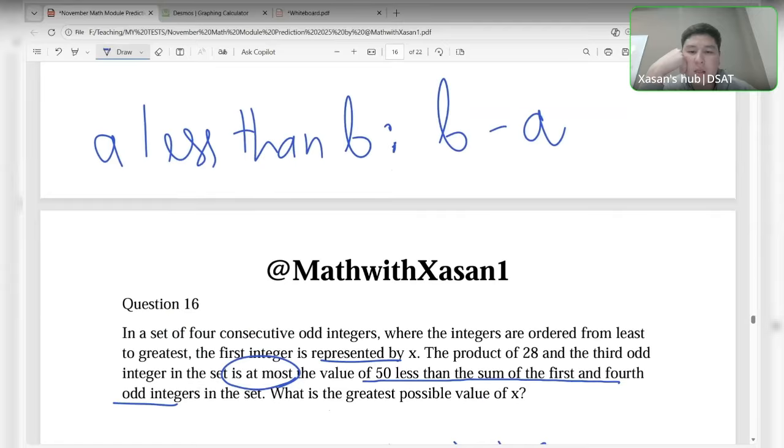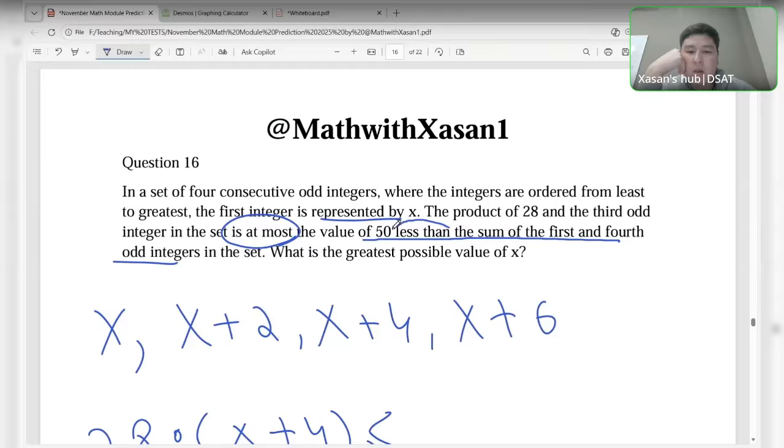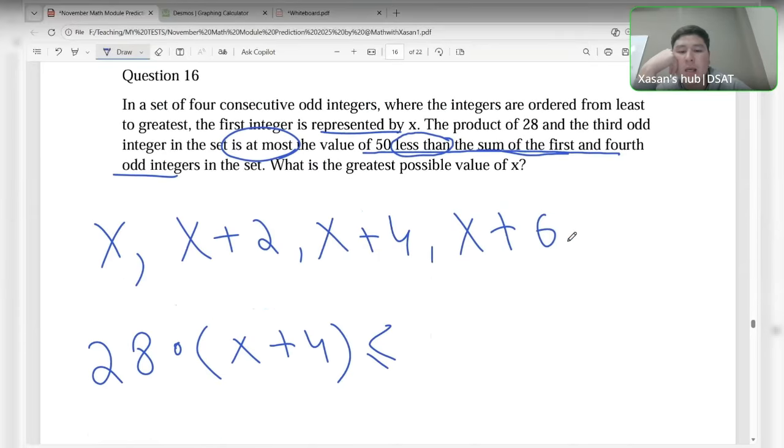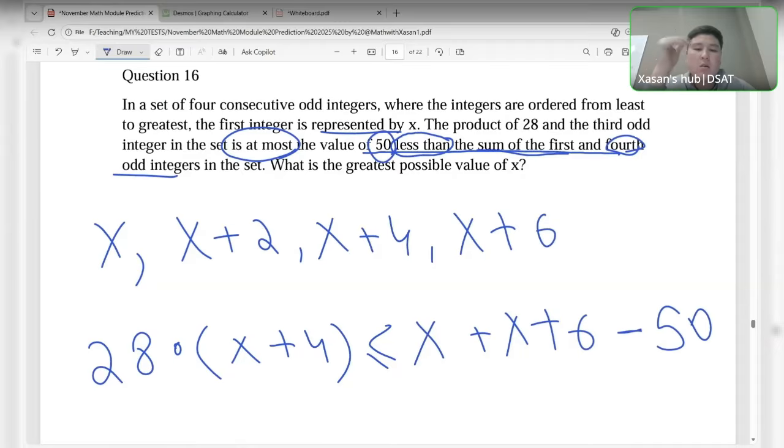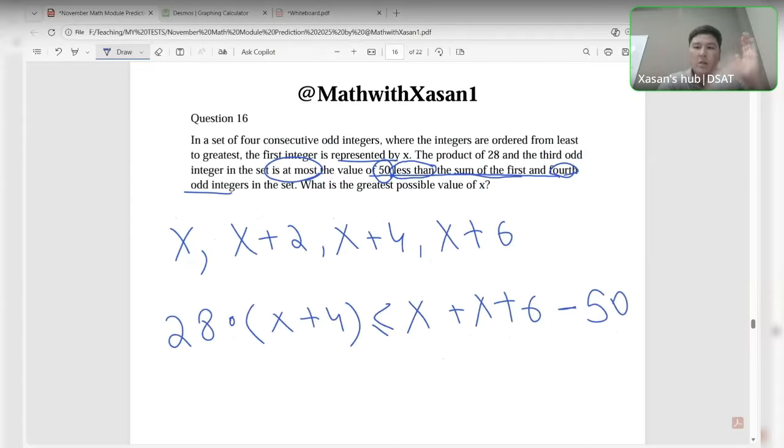And now we're having that less than, and on the right side it is the sum of the first, which is x, and the last odd integer, which is x plus 6, minus 50. That's all, guys. I'm creating an inequality for the left side and right side. And then it is asking what is the greatest possible value of x. Write this equation as an inequality.